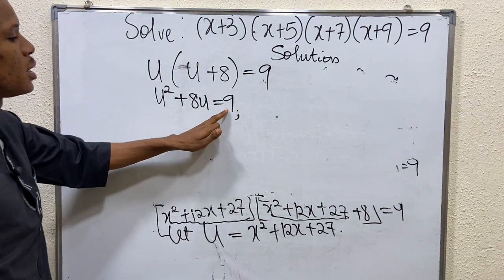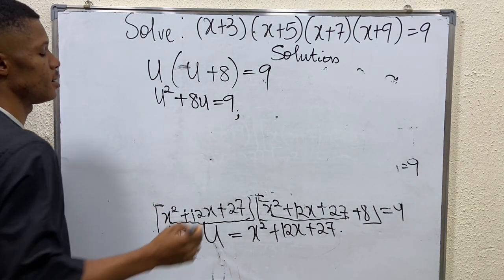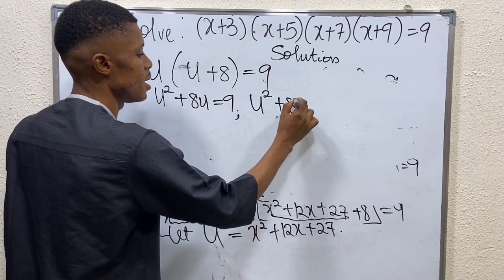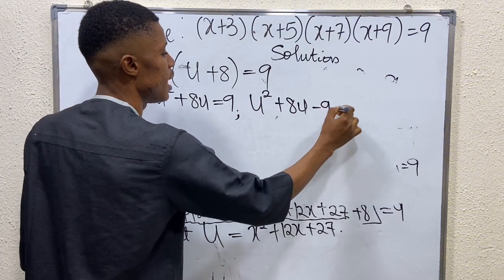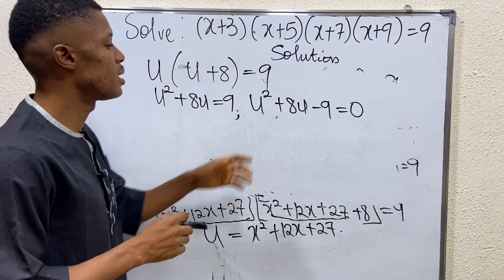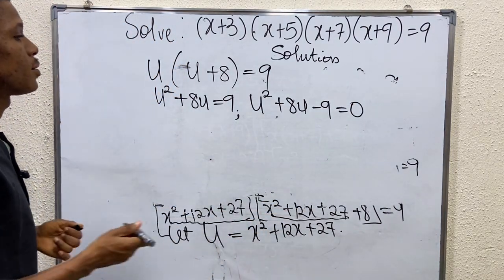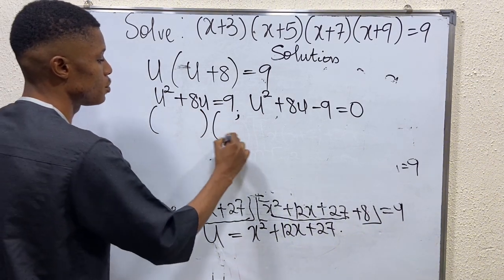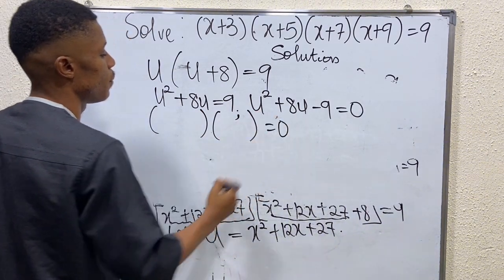The next thing we do is to subtract 9 from both sides. We have u squared plus 8u minus 9 equals 0. This is clearly a quadratic function. So let's factorize. To factorize this type of quadratic, we open two brackets and equate it to 0.